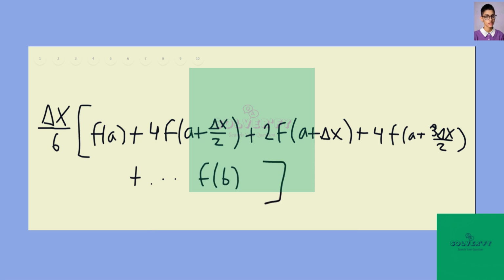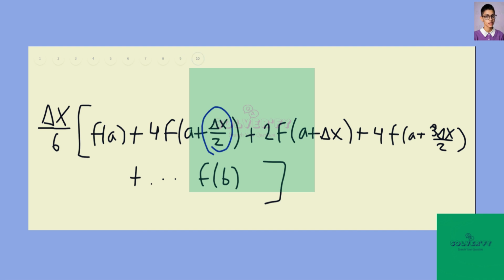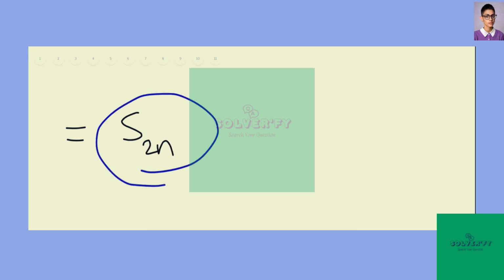And again, we have a factor of 6 instead of 3 in front because delta x is now delta x over 2, as seen from the parentheses. So we have twice as many subintervals. So we can conclude that the sum is just equal to Simpson's rule with 2n subintervals, which is exactly what we wanted to prove.